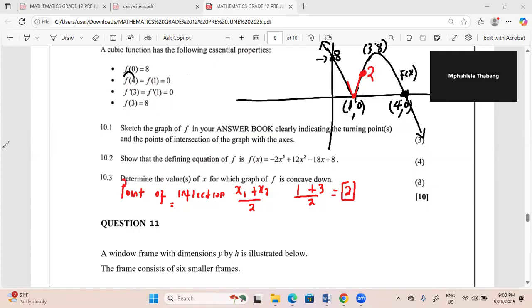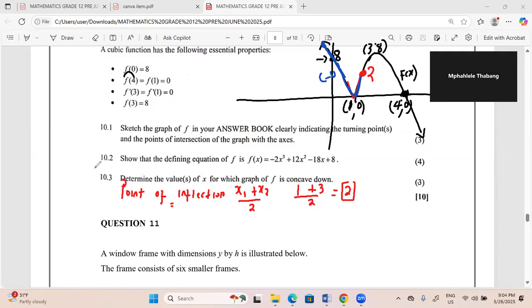So now we say this part of the graph from the left coming to this value of 2, the graph is concave up. I will say C up.